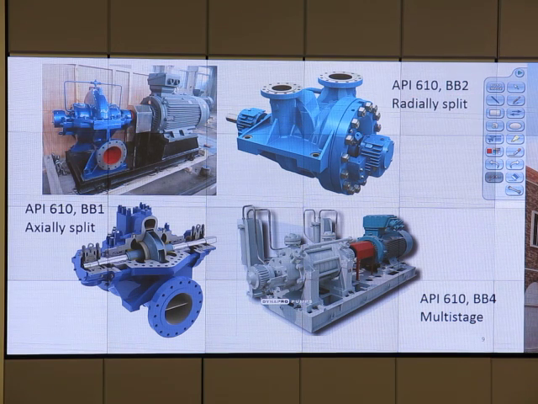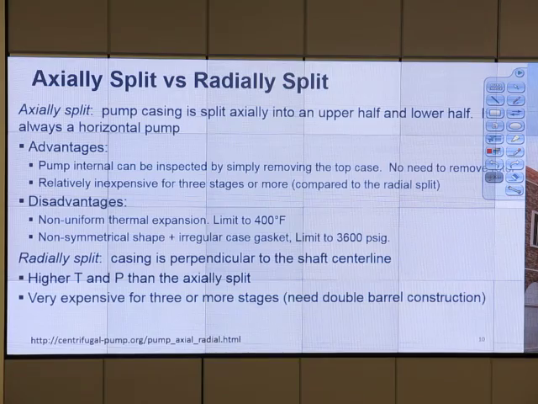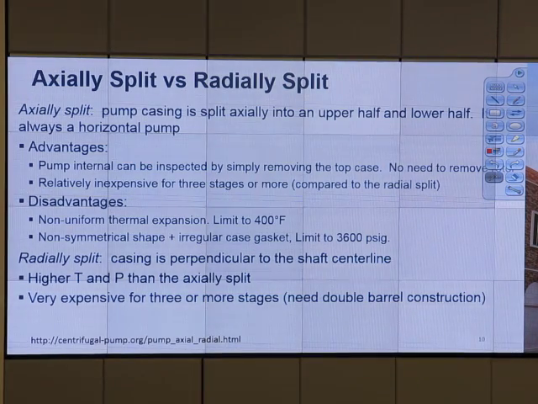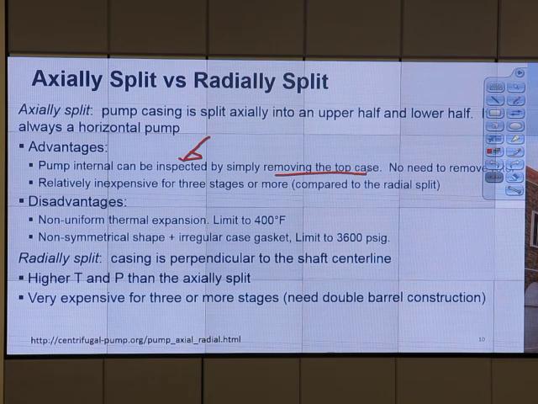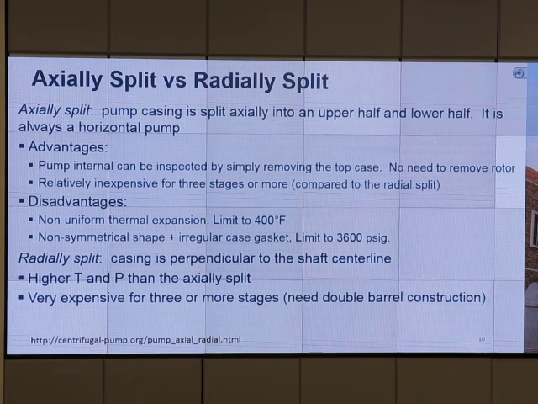So that's axially split. You got it? The advantage is the pump internals can be inspected by simply removing the top casing, and then there is no need to remove the rotor. It is relatively inexpensive for three stages or more. So it's inexpensive. That is axial split.